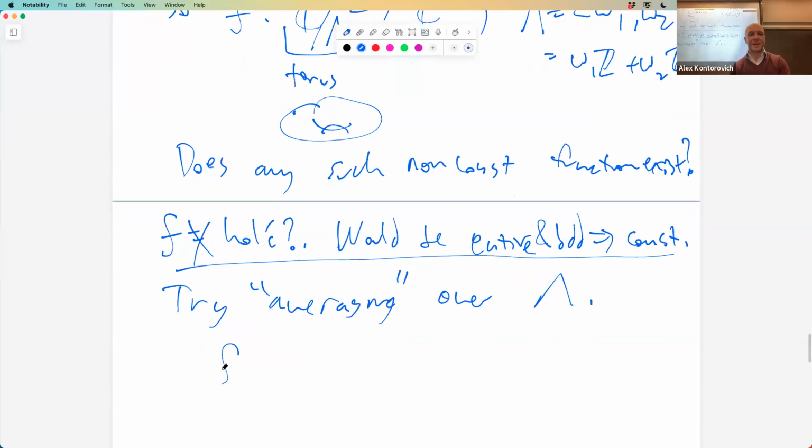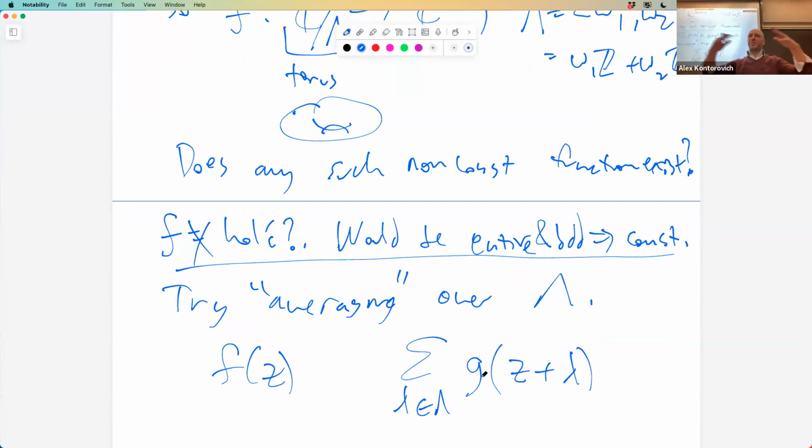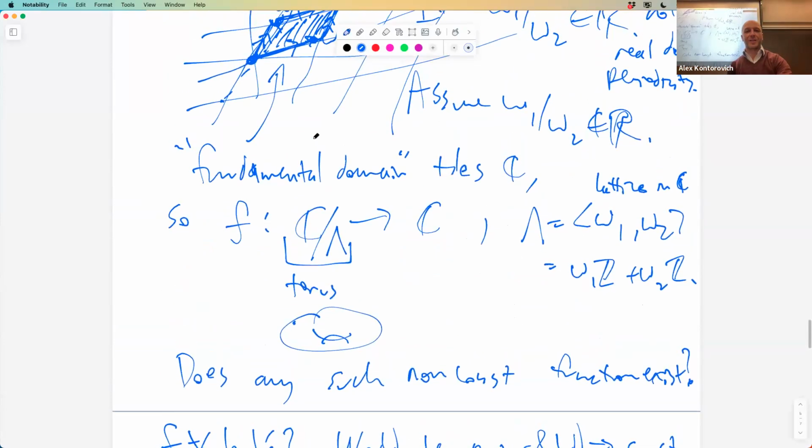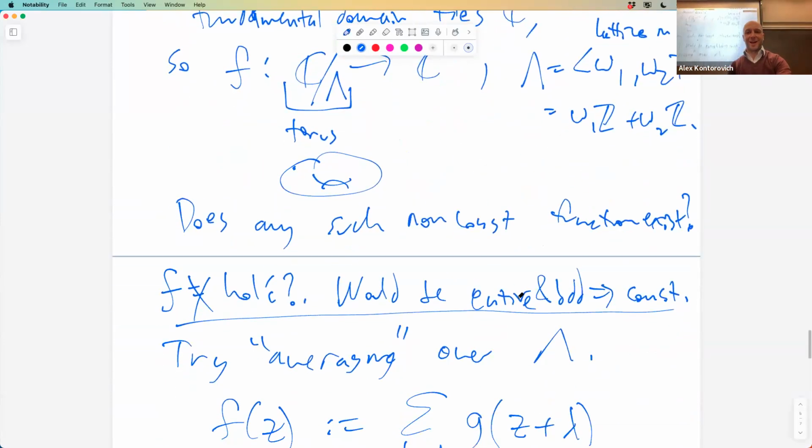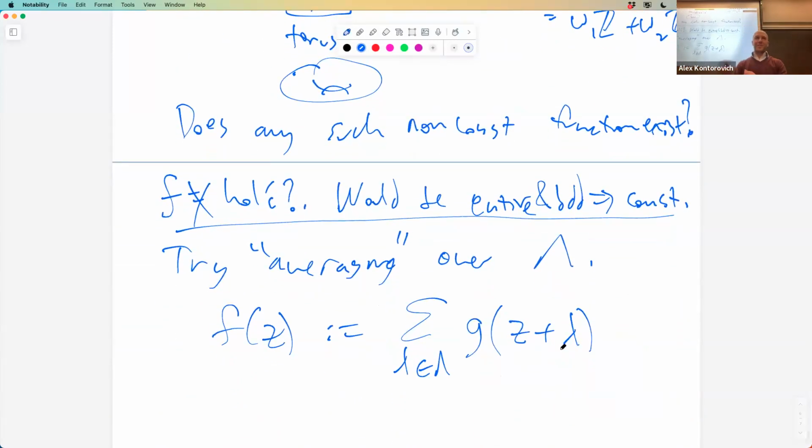In other words, let's make an F by taking some auxiliary function G, moving it by lambda, and summing that over all lambda in the lattice. Take any function G, some nice smooth function potentially. It'll have to have lots of decay, obviously. We sum over all the lattice points and translate G by lambda.